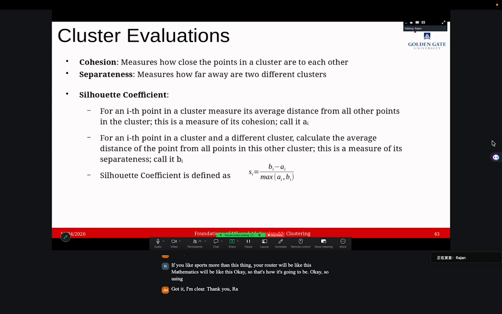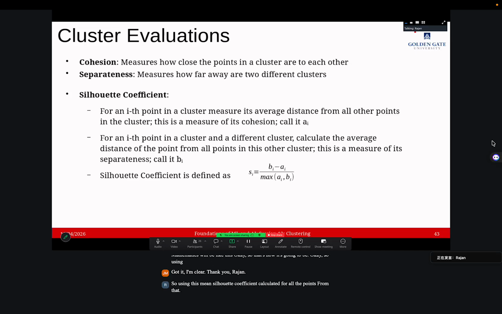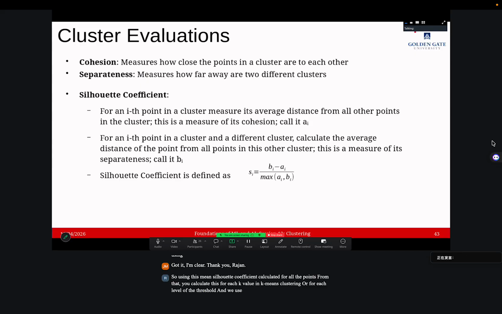So using this mean silhouette coefficient calculated for all the points, you calculate this for each k value in k-means clustering, or for each level of the threshold, and use this as the guidance for choosing the best clustering scheme.